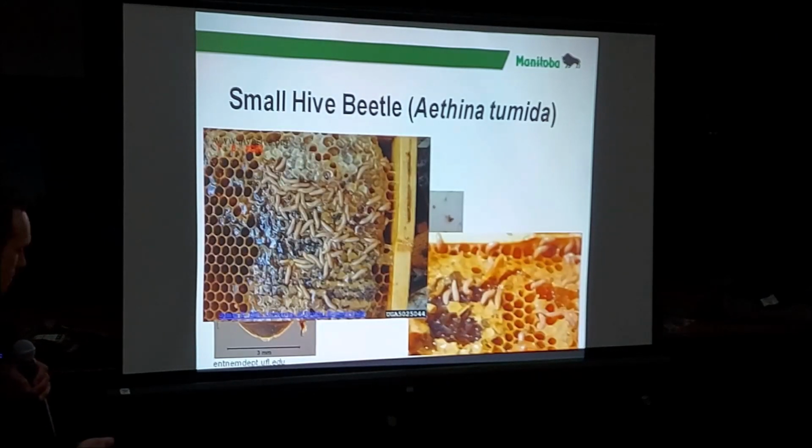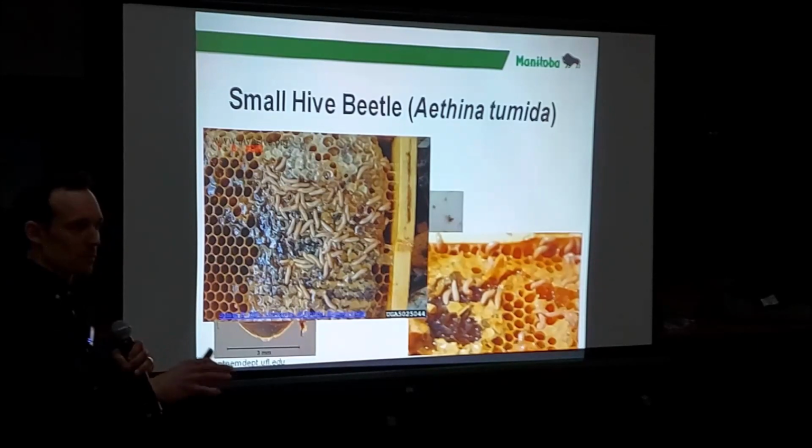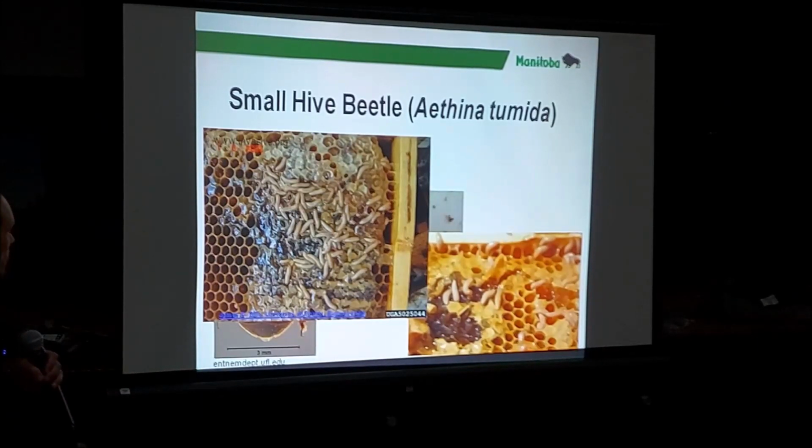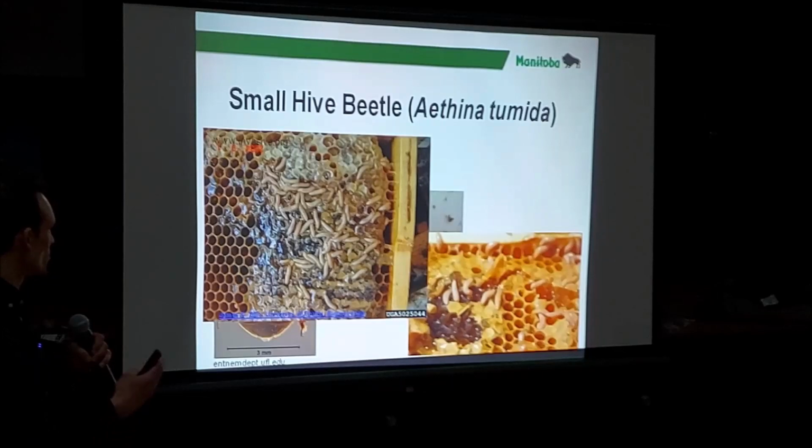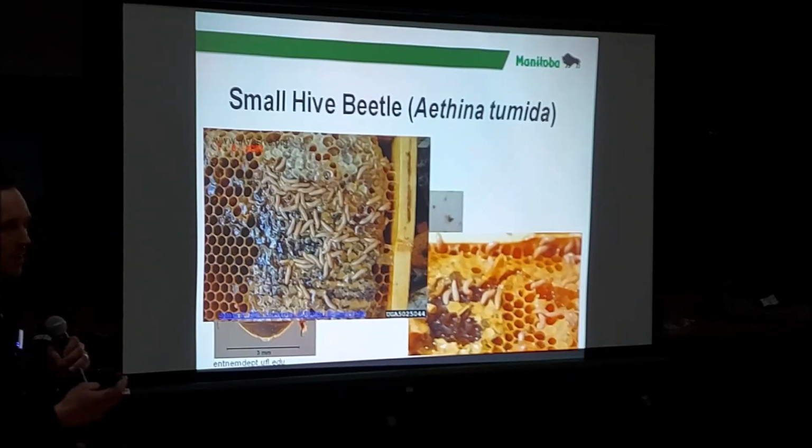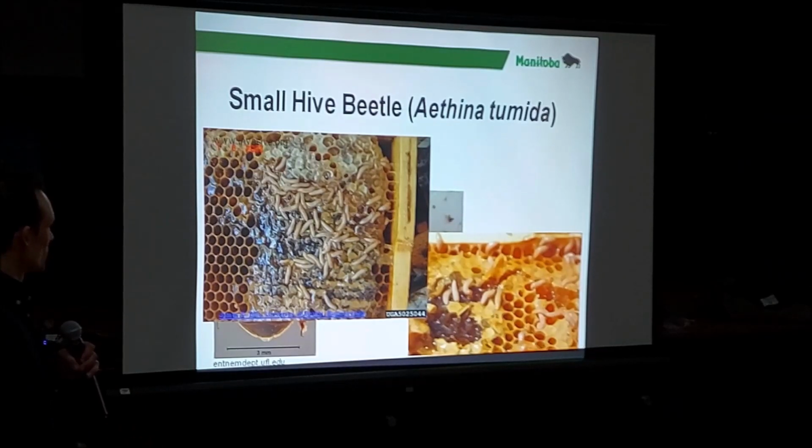But the adult beetles lay eggs inside colonies. Those eggs hatch into larvae, and the larvae do basically all the damage in the colony. They consume honey, they consume brood, pollen, they defecate in the hive, they can start fermenting honey inside the colony, basically just make a huge mess.